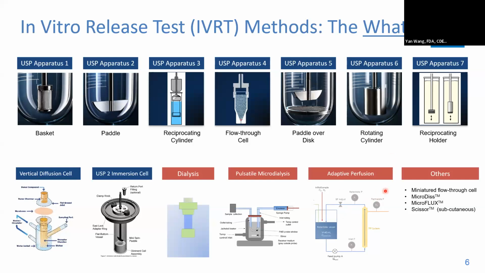And then for suspension, there are other efforts going on in advancing the IVRT setups. We know there are miniaturized flow-through cells. Then the Caesar system by Pion is something developed for subcutaneous injectable suspension, where you could have potentially more biorelevant media, and also you can monitor the image of the suspension.